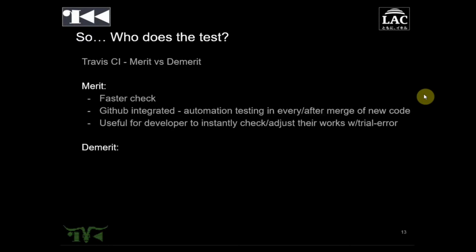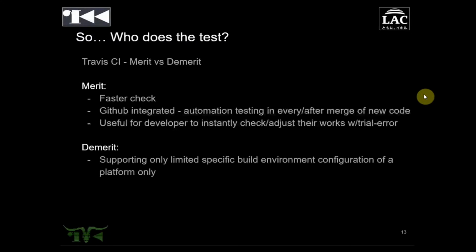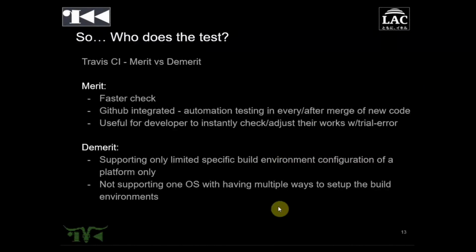The demerit is, first, it only supports a limited, specific build environment configuration of the platform. So if you have one OS with multiple ways to set up the build environment, you have to set up that one OS in multiple ways too, which means you have to prepare multiple CI environments.